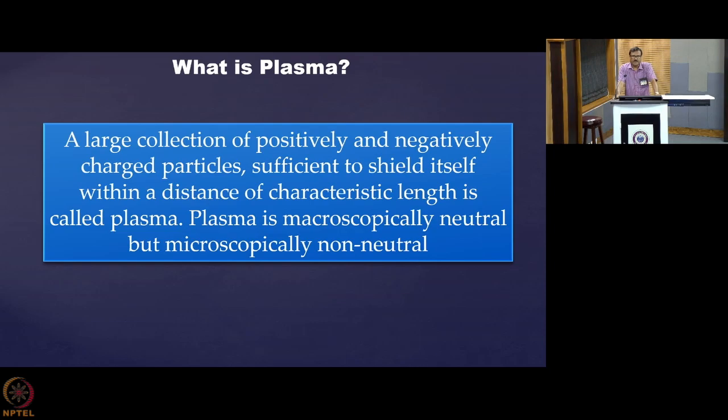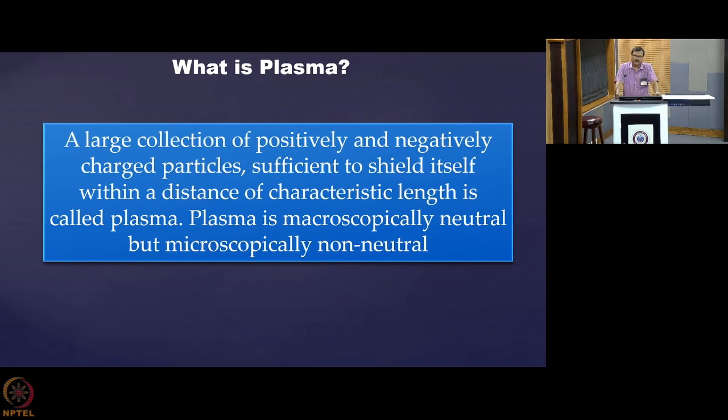So to start with, we grossly defined a plasma like this. It is a large collection of positively and negatively charged particles which is sufficient to shield itself within a distance of characteristic length, that is called plasma. Now plasma is macroscopically neutral but microscopically non-neutral.